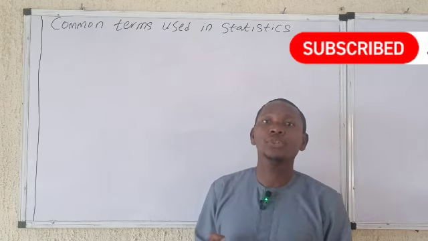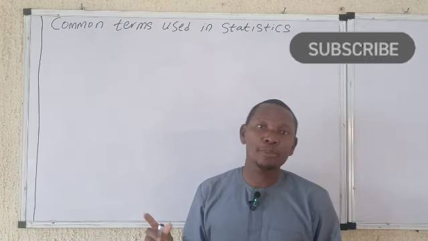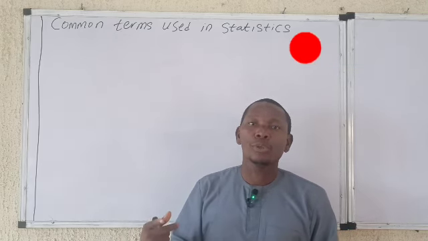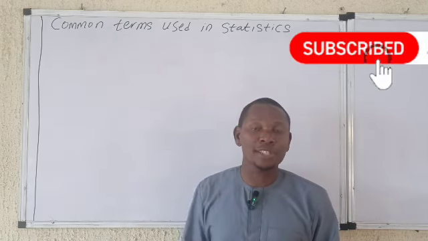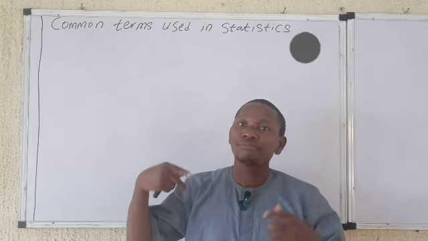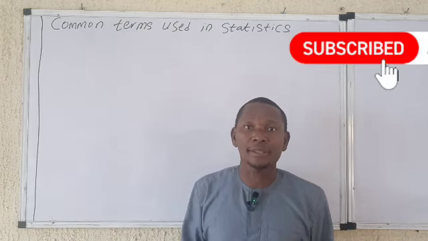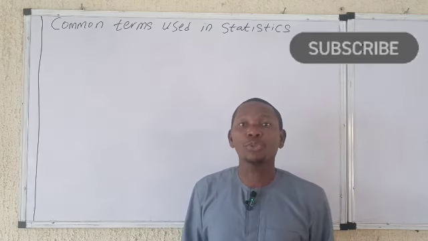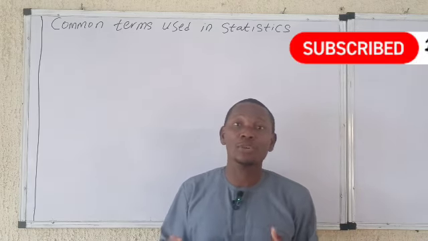So please take note of the difference between variable, which is characteristics or attributes that vary among individuals in a study, while data are measurements or observations collected from individuals or subjects that you want to subject to statistical analysis to get a concise information.